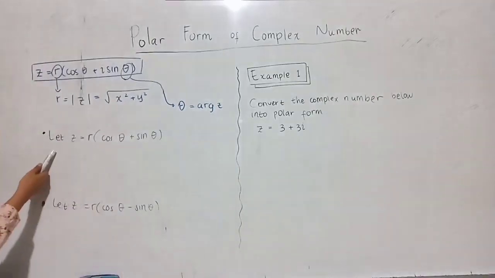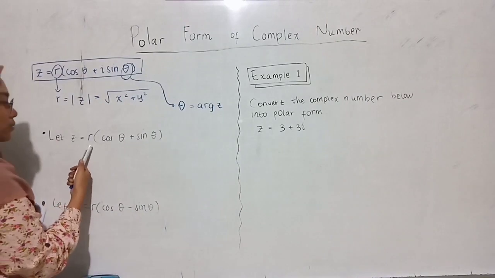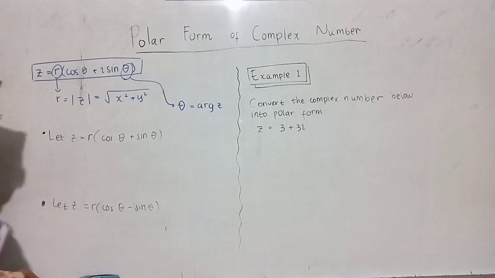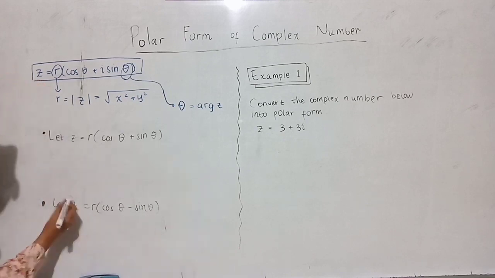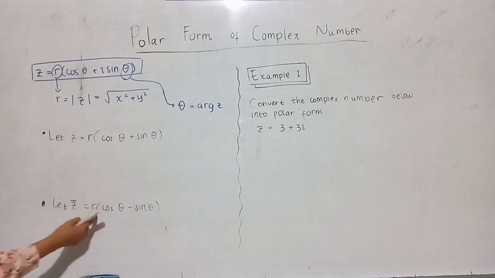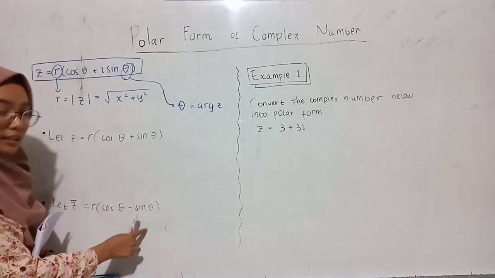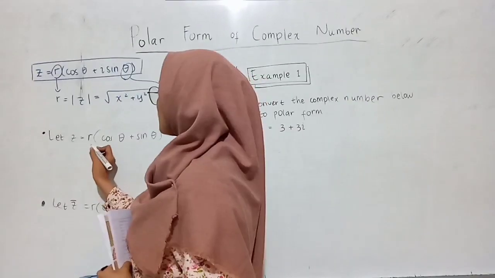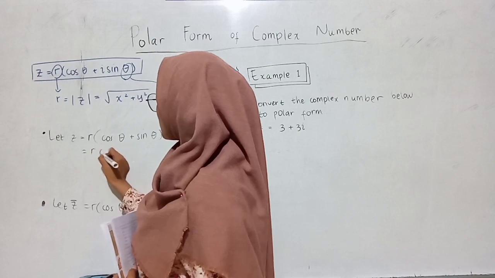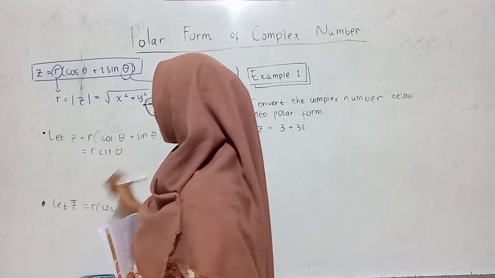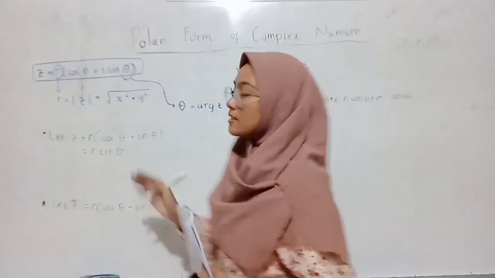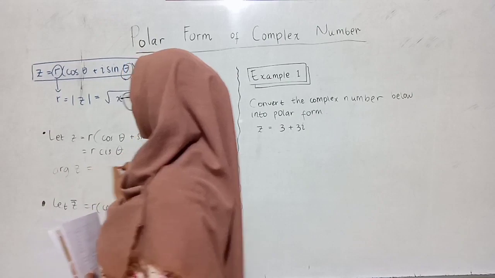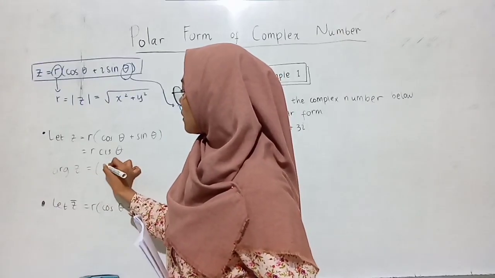Now let Z equal r cos theta plus i sin theta, and let Z bar equal r times cos theta minus i sin theta. Here, Z equals r cos theta plus i sin theta, so we get arg Z equals theta.